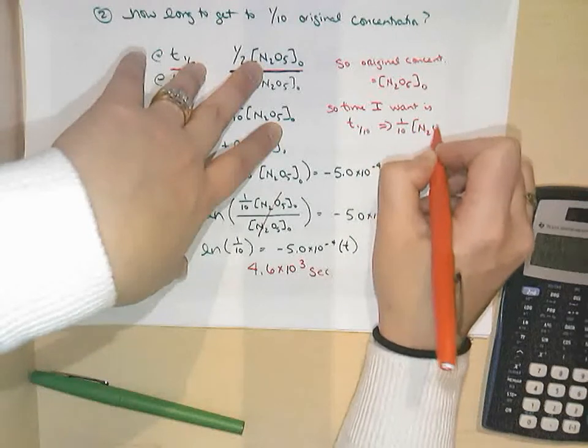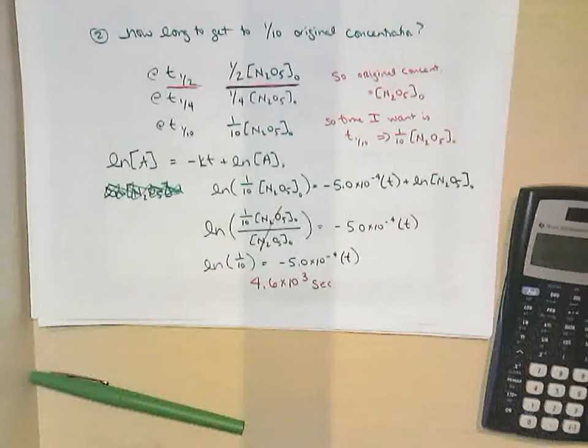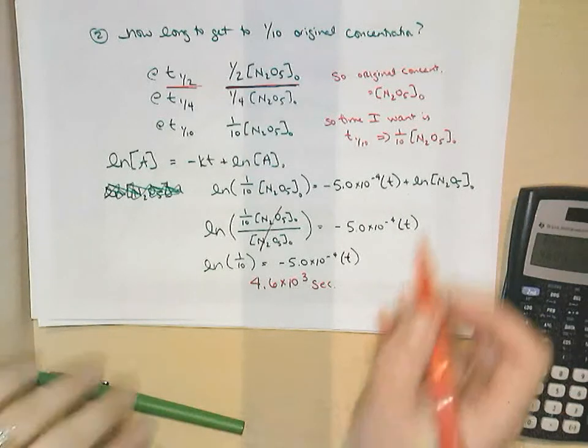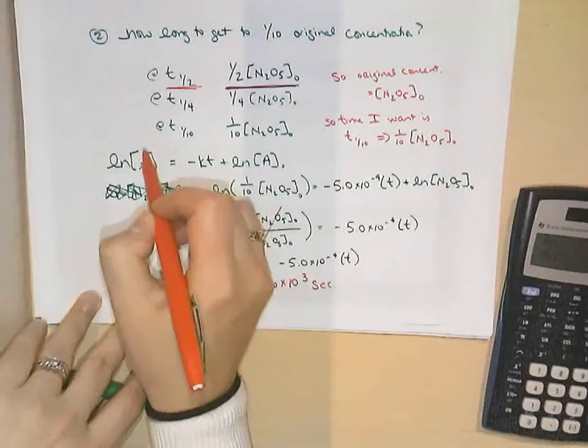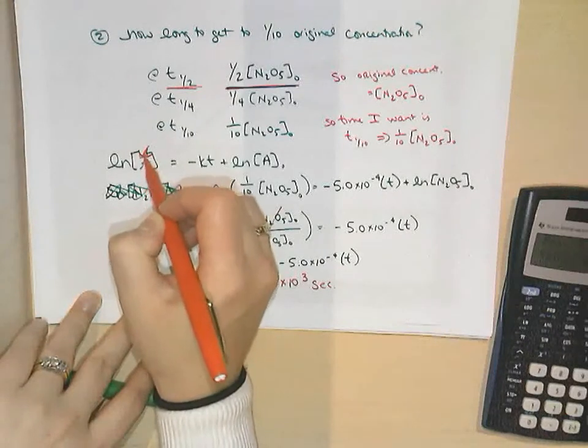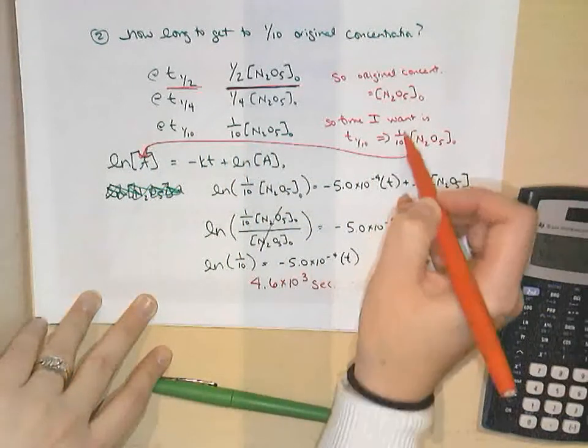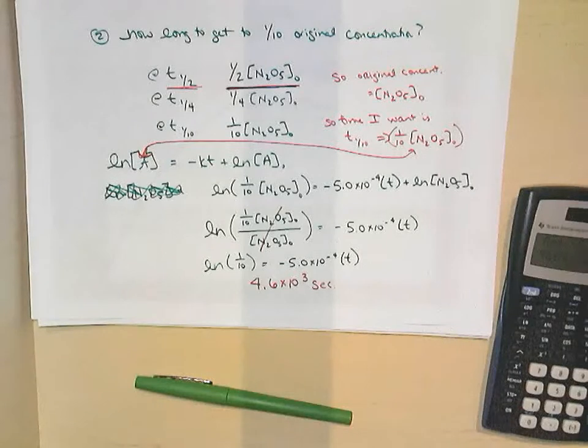Right, so I want that concentration, 1/10 the original, which is the same as plugging it in right here. That's the concentration I want. Plugged in there. Yeah? Other questions on that?